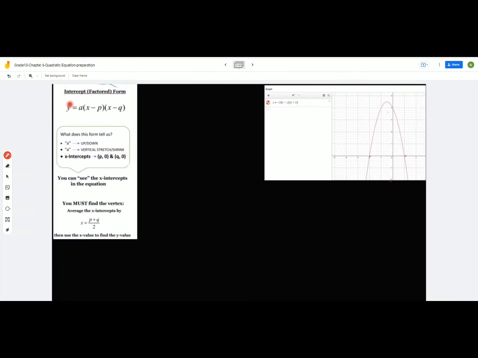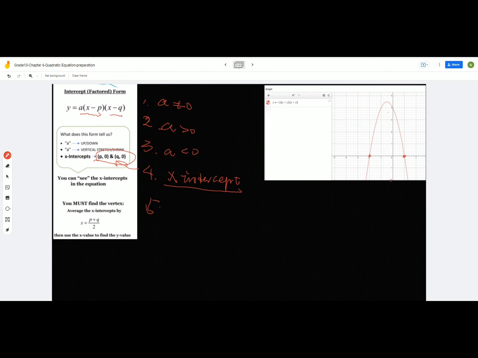This is factored form, y equals a times (x minus p) times (x minus q). Same thing: a cannot be 0, a greater than 0 opens upward, a less than 0 opens downward. Now the x-intercepts. Set x minus p equals 0 and x minus q equals 0, so the x-intercepts are (p, 0) and (q, 0).